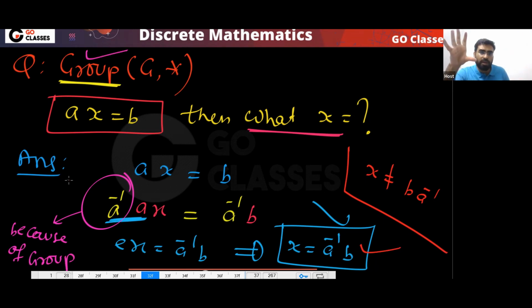If you don't have a group, then you can't say A inverse. You can't multiply with A inverse, because maybe A inverse does not exist. Because of the group, you can do this, and you can ignore the parenthesis, because a group is associative.